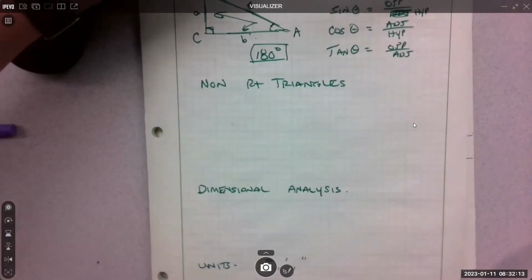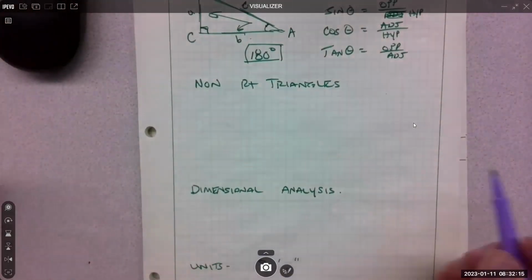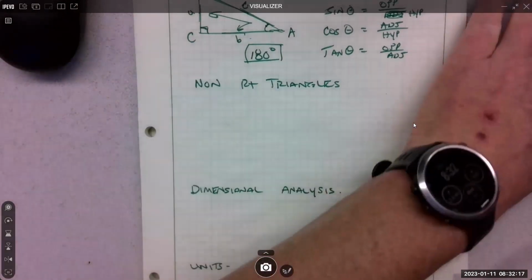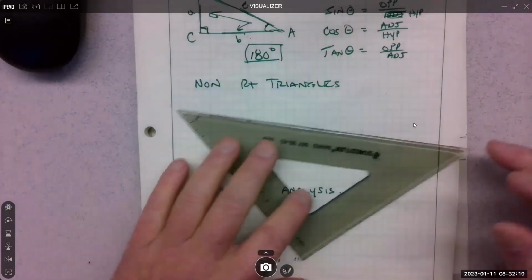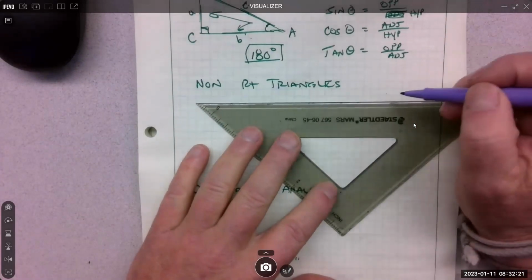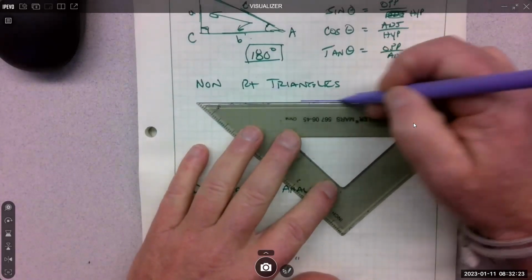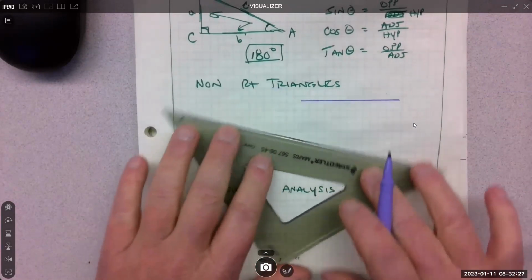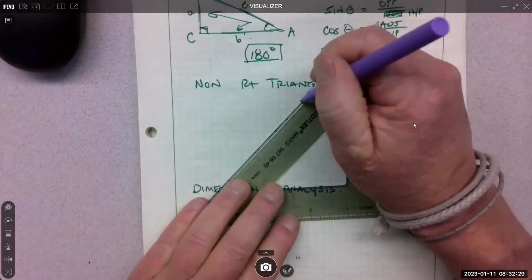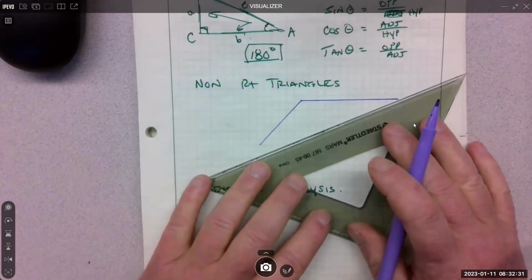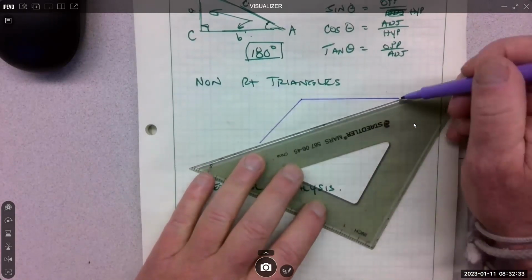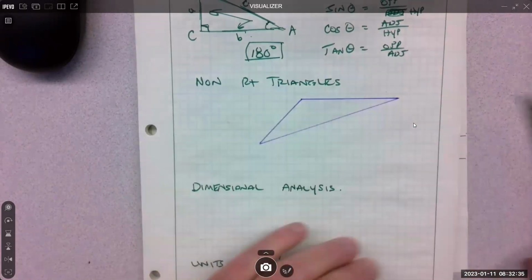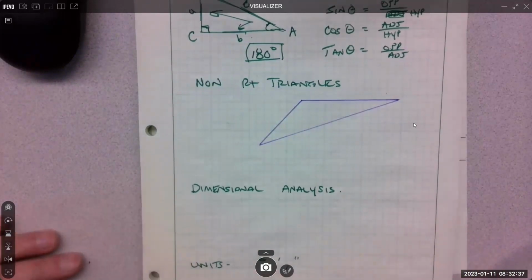All right, non-rights. What tools do we have for a non-right? They call them oblique, but there's oblique and there's acute. So don't get too wrapped up in the terminology. I'll draw an oblique. So there is an oblique triangle, clearly not a right triangle.